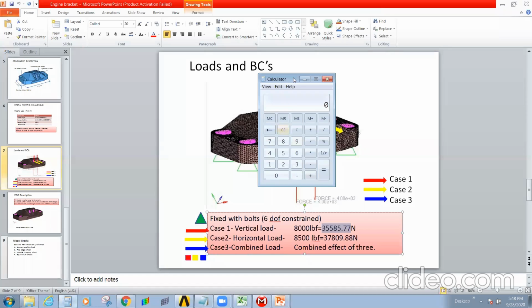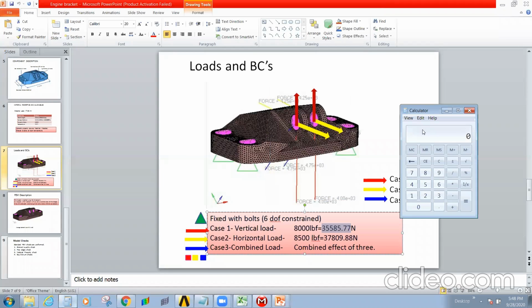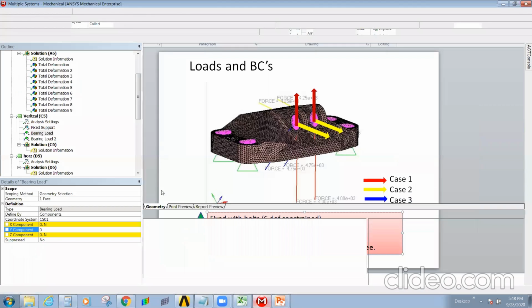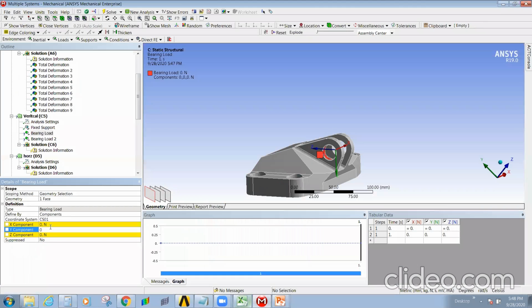Divide by 2 because there are 2 lugs. So your value will be 17792.885 Newton. For each, you are applying this value in the negative direction.